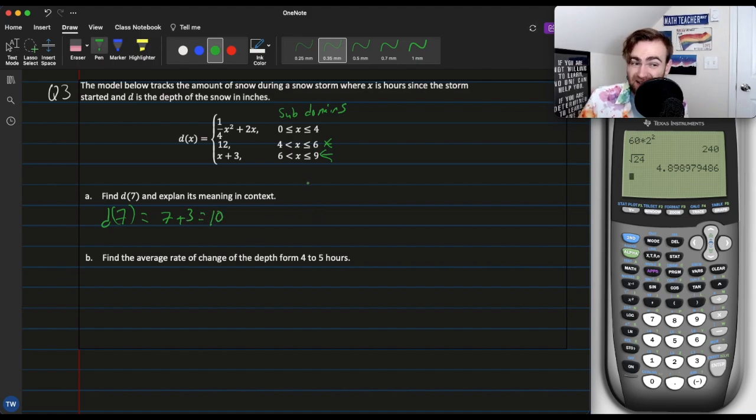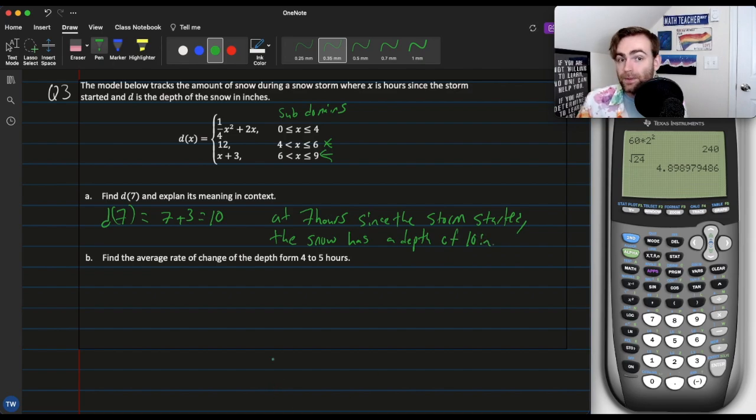So what that means in context is at 7 hours since the storm started, the snow has a depth of 10 inches.